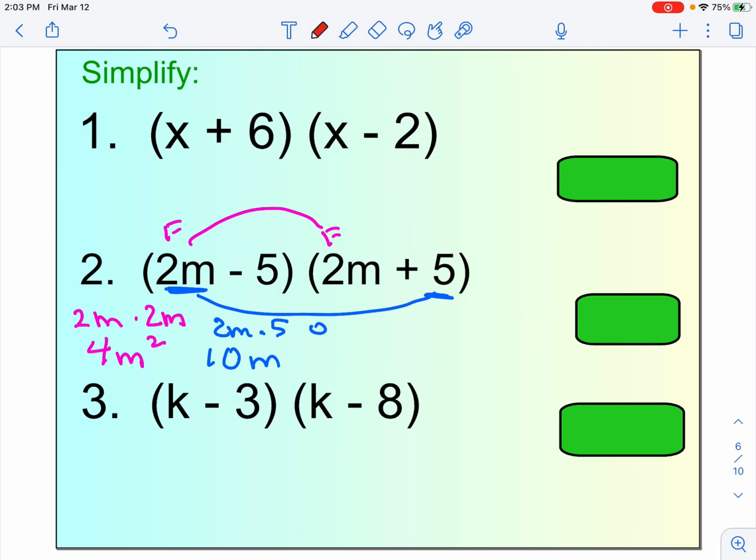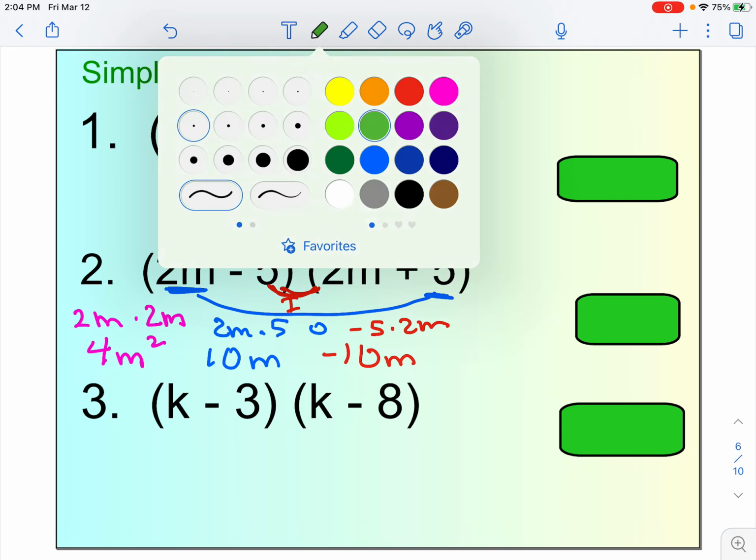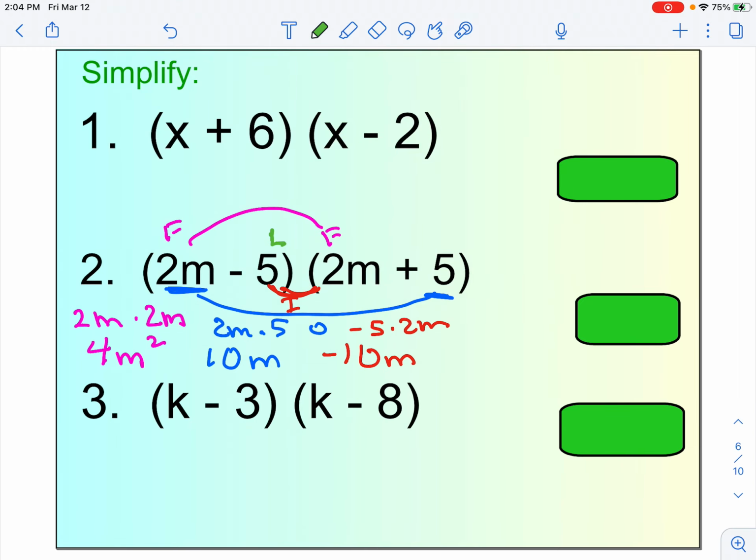Now let's take care of our innermost terms right here. So our innermost terms are, well, multiplying negative 5 times 2m, which gives us negative 10m. And then last but not least, we have our last term here and our last term here, which gives us negative 5 times 5, whoops, I'll write this above, which then gives us negative 25.